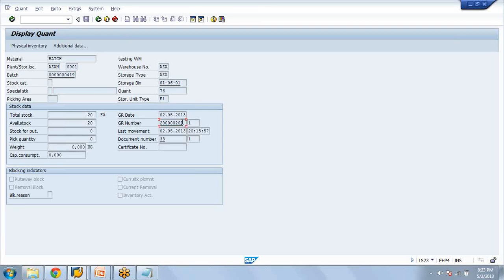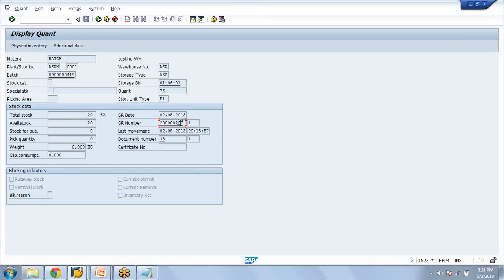Again, whenever you procure the material, it keeps searching for an empty bin only. Whichever day, for example, if you have 100 bins and every day you procure the same material, every time you procure it, the system will search for different bins until the 100 bins are completed.